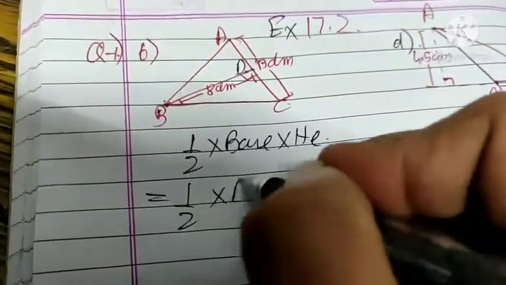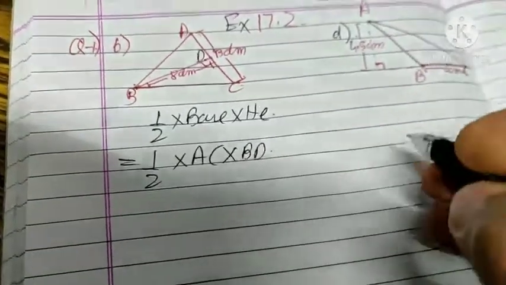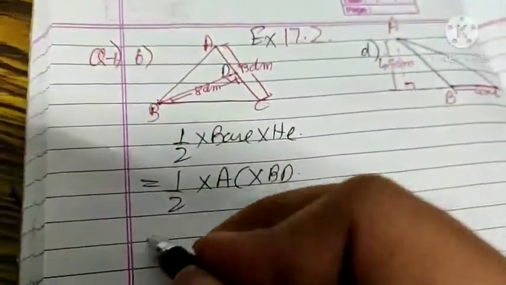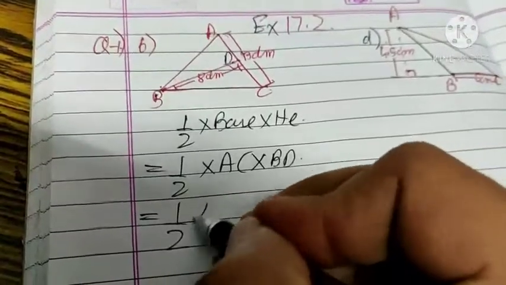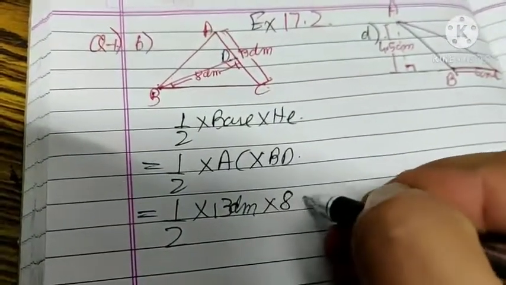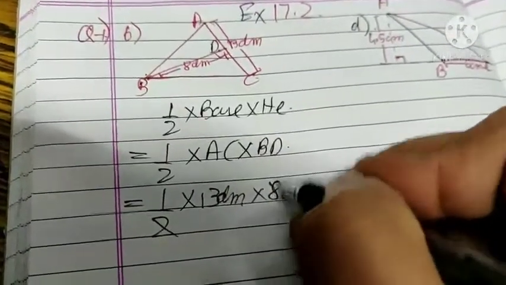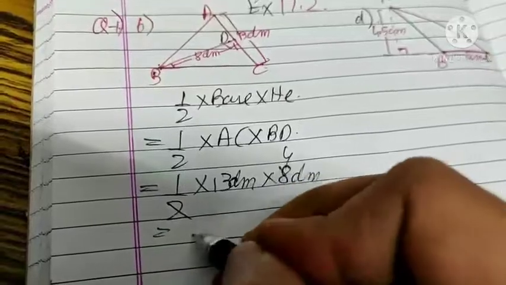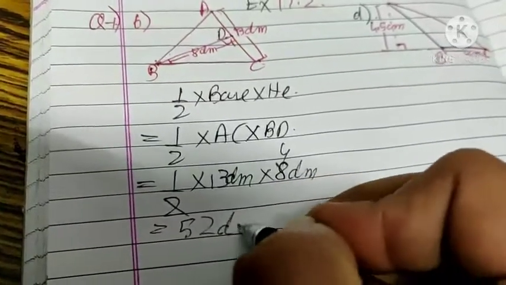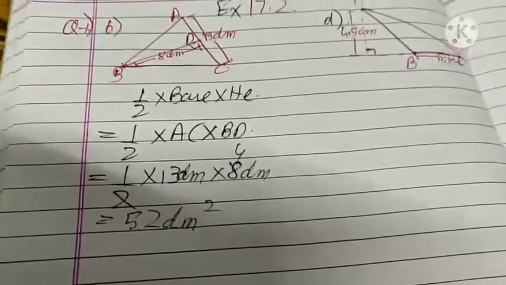Half into base AC and height BD. So here AC is 13 dm, height is 8 dm. Dm means decimeter. 13 fours are 52 dm square, that is decimeter square. Okay.